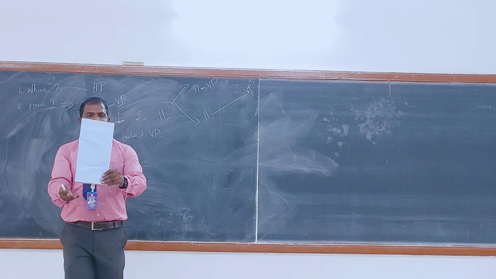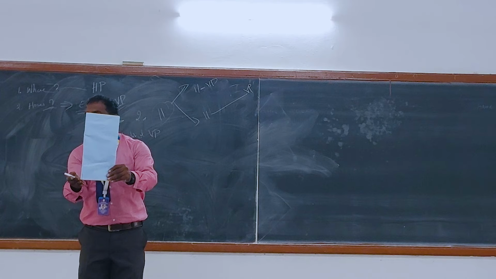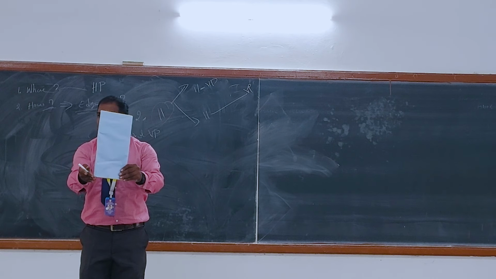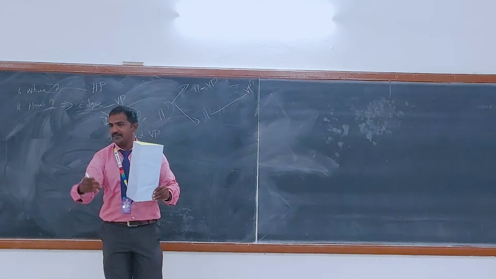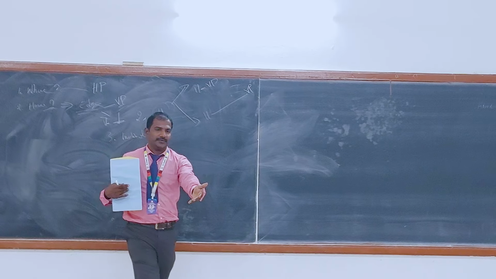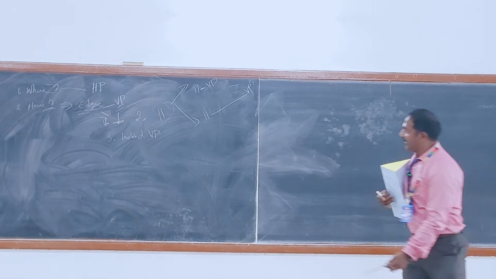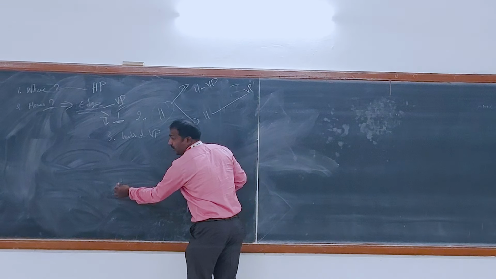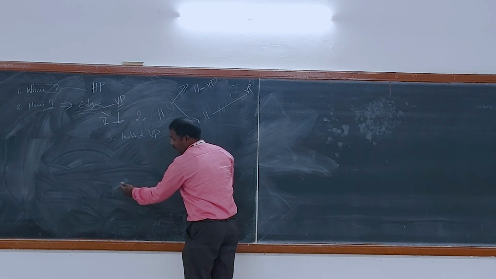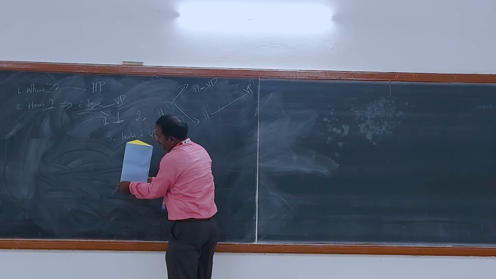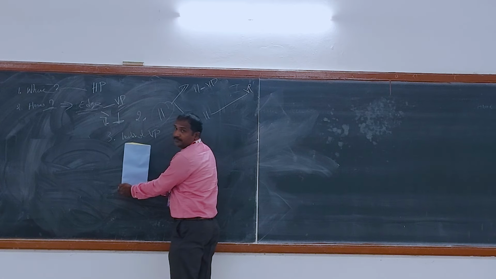If it is given, see, the edge is perpendicular to VP. Like this. Let me give one more scale now. The edge is perpendicular to VP, this edge, perpendicular to VP.